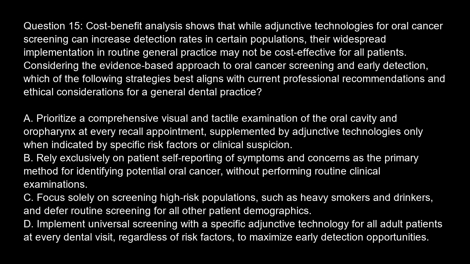Option C. Focus solely on screening high-risk populations, such as heavy smokers and drinkers, and defer routine screening for all other patient demographics. Option D. Implement universal screening with a specific adjunctive technology for all adult patients at every dental visit, regardless of risk factors, to maximize early detection opportunities.